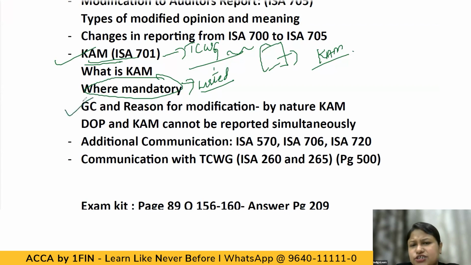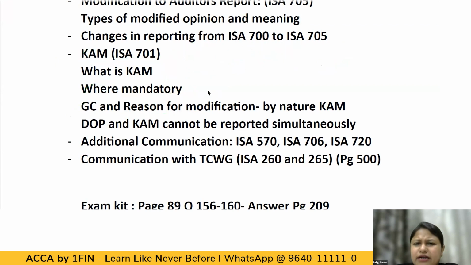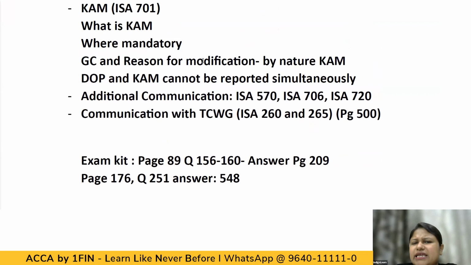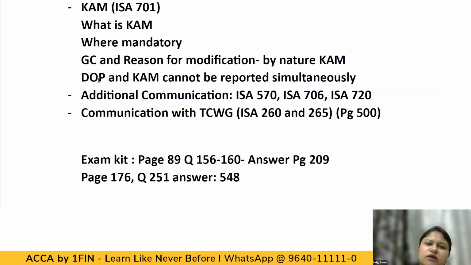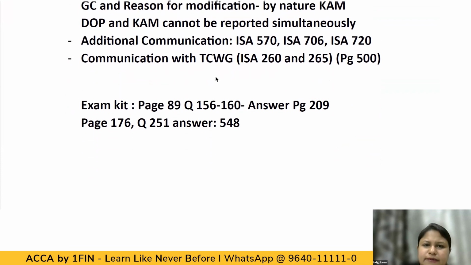Now, the going concern section and reason for modification, both by very nature will become what? Key audit matters. But because we have two different paragraphs separately available in the audit report, though they are key audit matters, we can put them in the separate sections for going concern and reason for modification. Then, I told you disclaimer of opinion and CAM cannot be reported simultaneously. In one audit report, these two sections cannot come together.